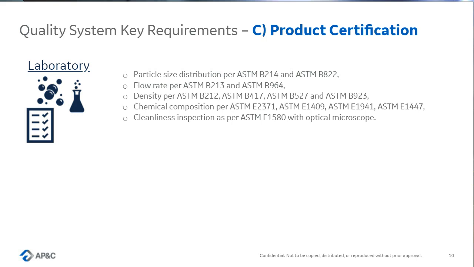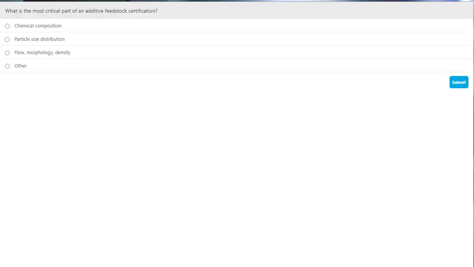With that, I'll turn to Mike on the first poll question of today's webinar. Yeah, thanks, Friedrich. We like to poll the audience and get your point of view on a subject. Today, the first one is: what is the most critical part of an additive feedstock certification? Is it chemical composition, particle size distribution, flow, morphology, density, or other?